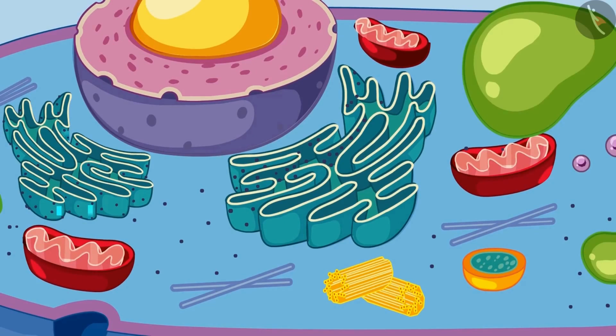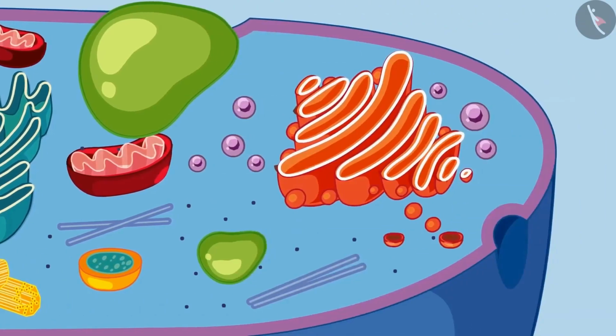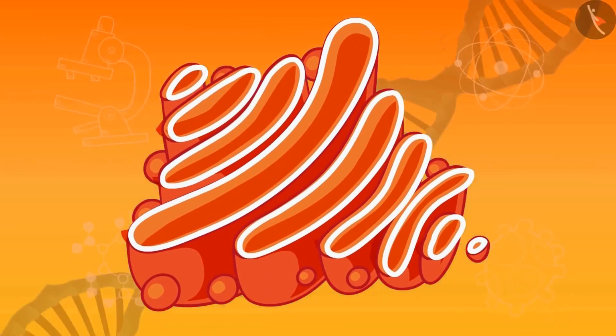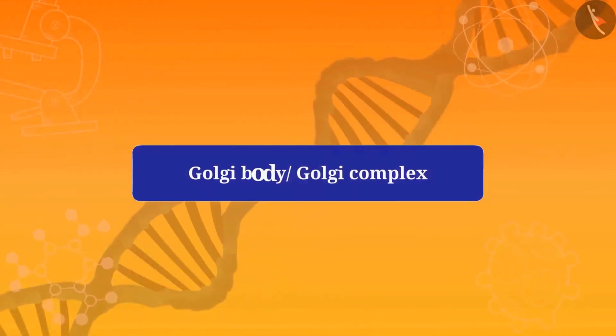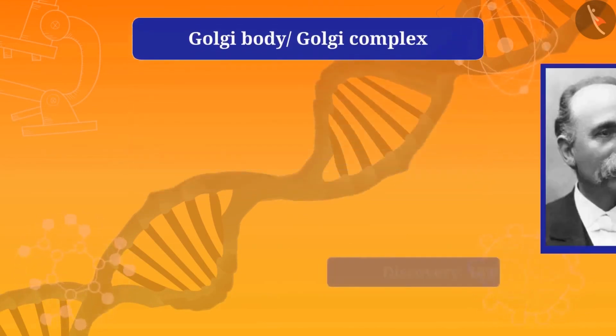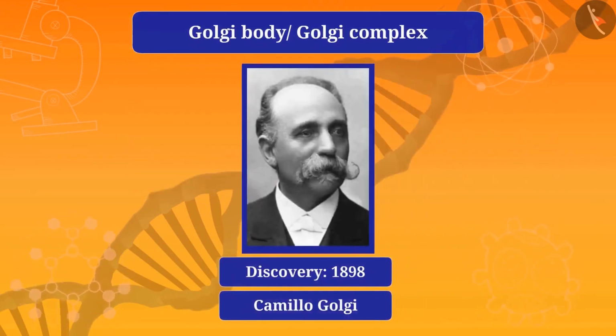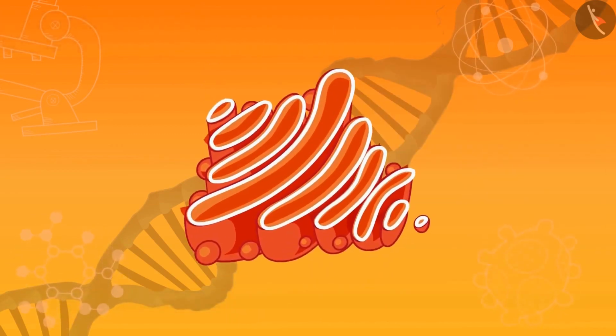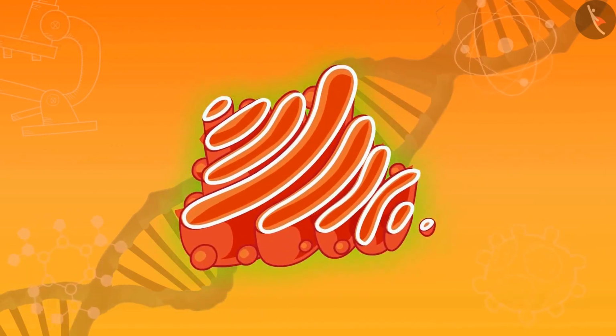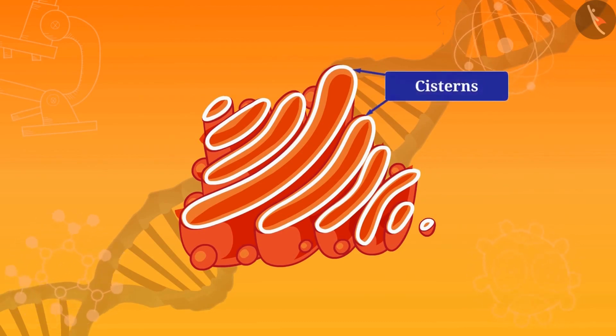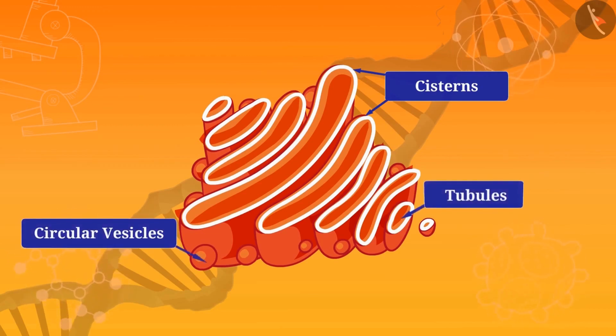Now, we will understand the next cell organelle, Golgi apparatus. It is also called Golgi body or Golgi complex. It was discovered in the cell in 1898 by Camillo Golgi. It consists of a system of membrane-bound vesicles arranged approximately parallel to each other in stacks called cisterns. Golgi apparatus also has circular vesicles and tubules.